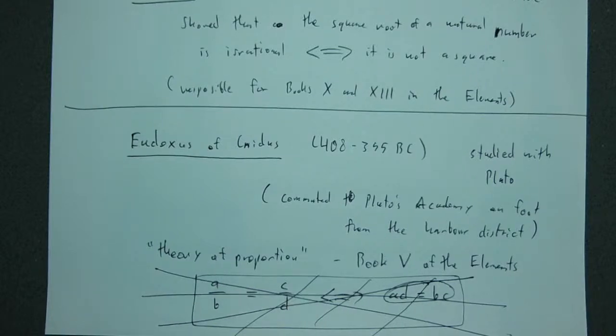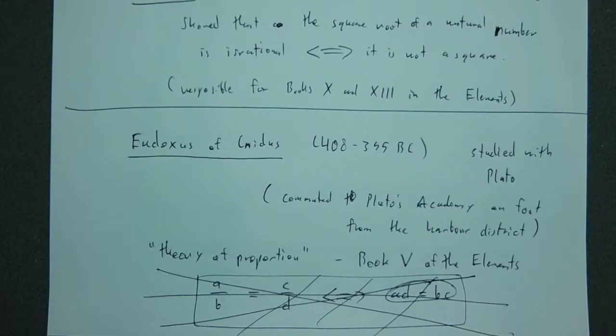So C is some angle measurement, D is some angle measurement. That ratio makes sense, right? It makes sense to say that a 30-degree angle is 1/3 of a 90-degree angle, right? And so it makes sense to talk about the proportion of a 30-degree angle to a 90-degree angle. Okay.